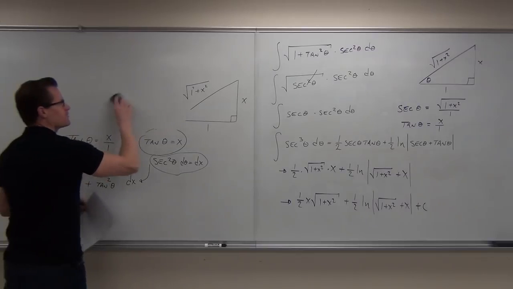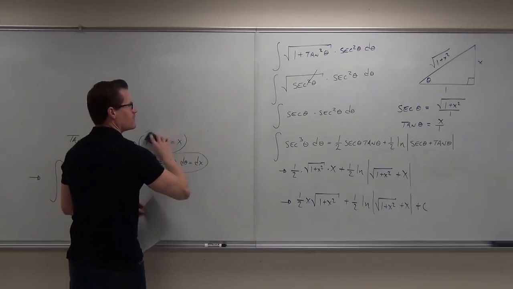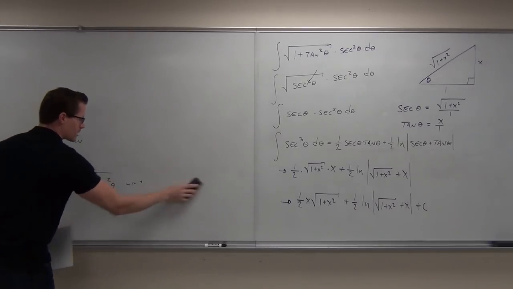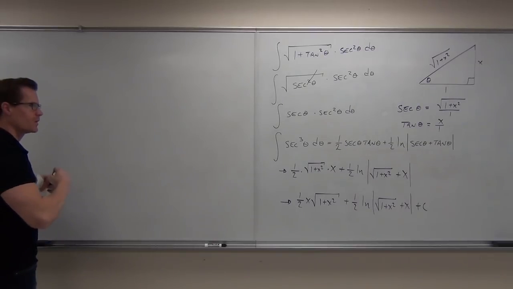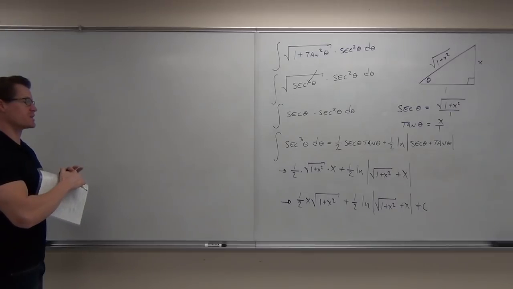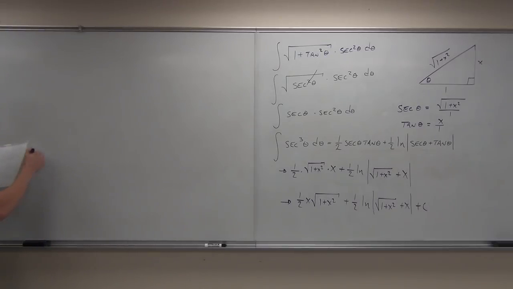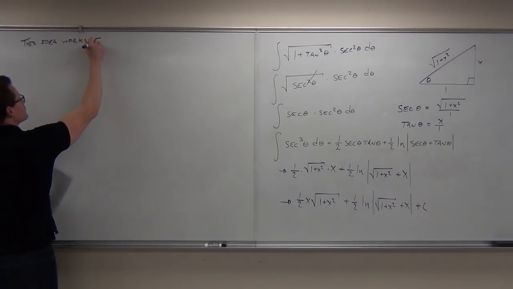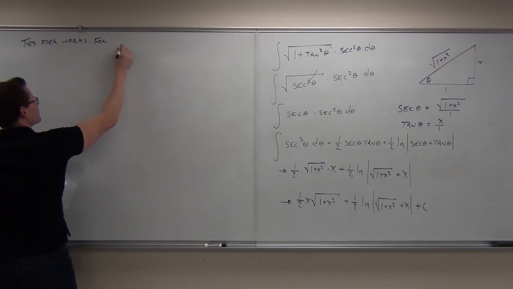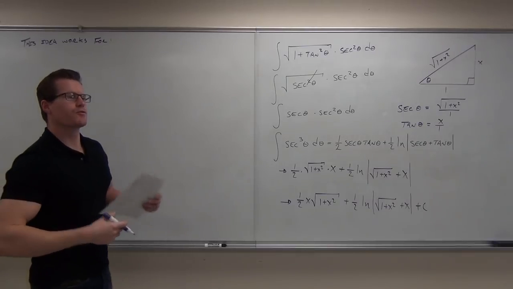So before we go any further, I want to give you a rundown about when we can use this and why it looks the way that it does. So we can use this when we have one of 3 situations. I'm going to give you the formulas.